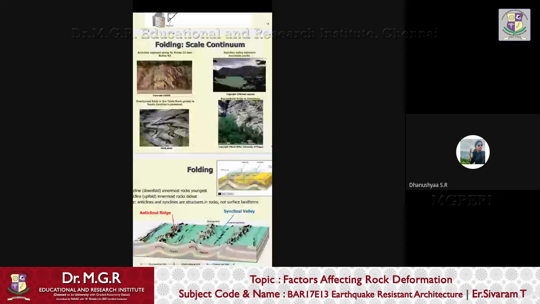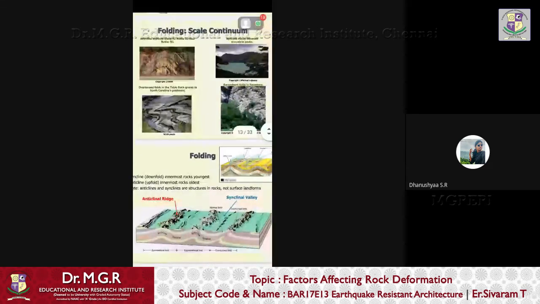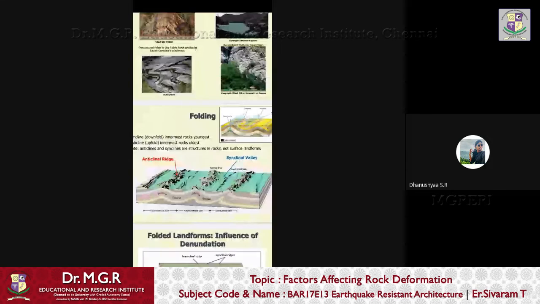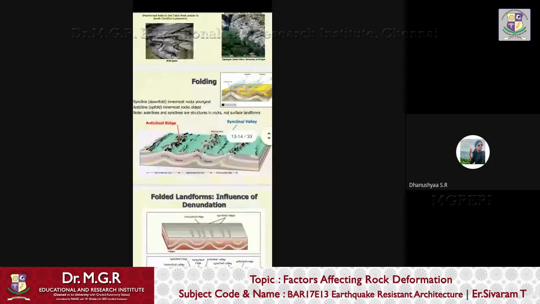At the right side you can see recumbent folds. Recumbent folds are folds that occur sideways, in a sideways direction. If you see this picture, you can get an idea how these folds look.